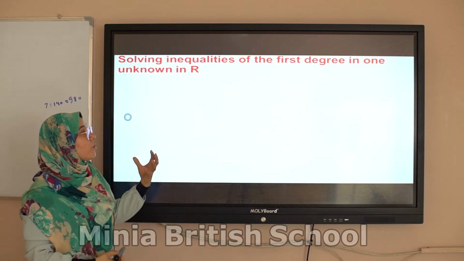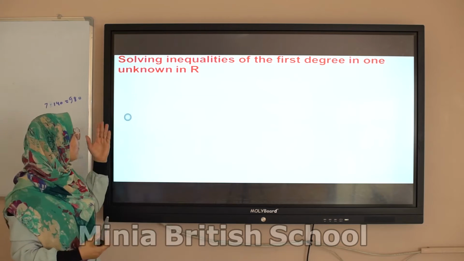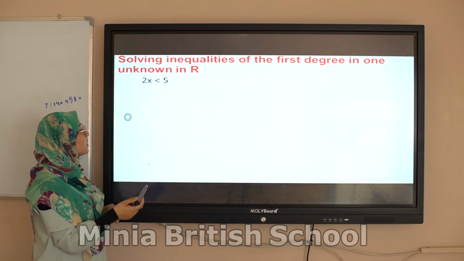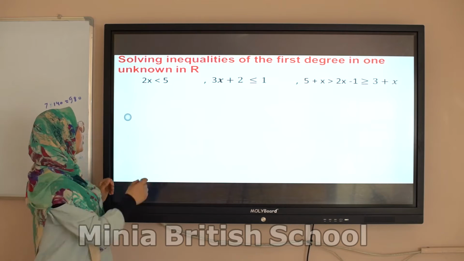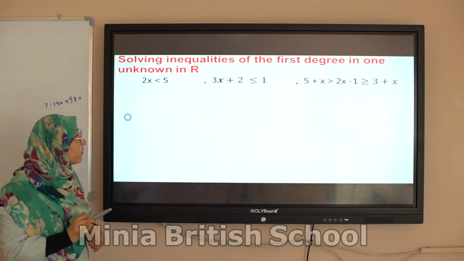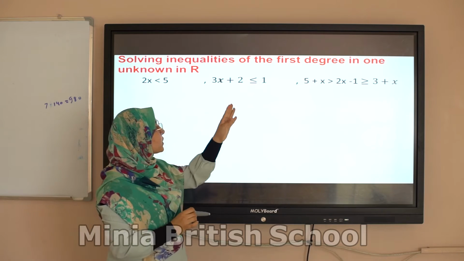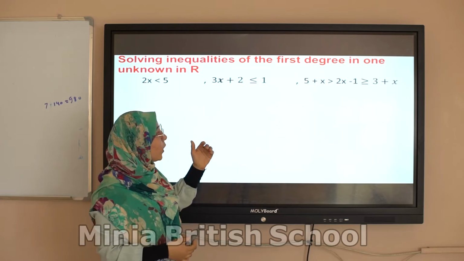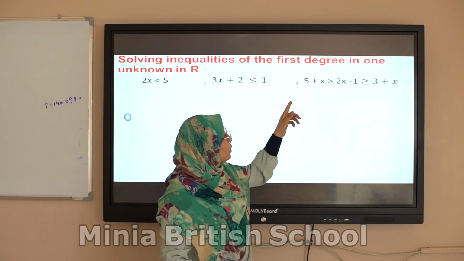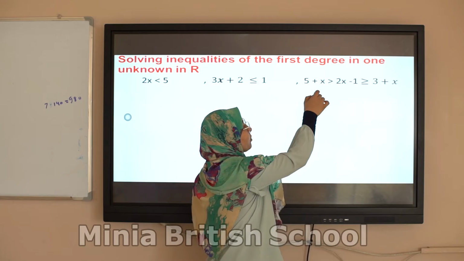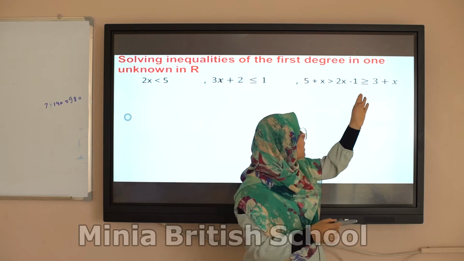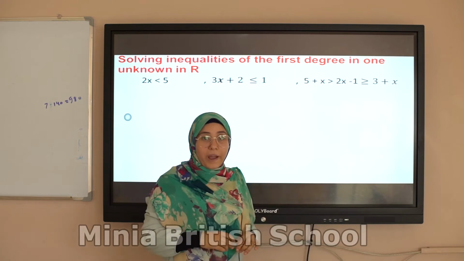Now, solving inequalities of the first degree in one unknown in R. First, here I have some inequalities like these: 2x less than 5, 2x plus 2 less than or equal to 1, and 2x minus 1 greater than 5 plus x and less than or equal to 3 plus x, okay?